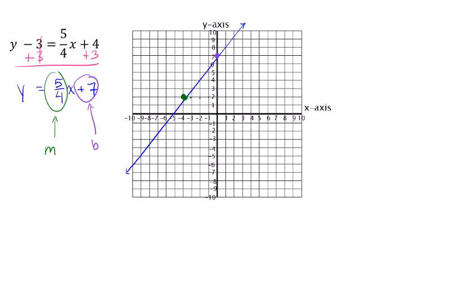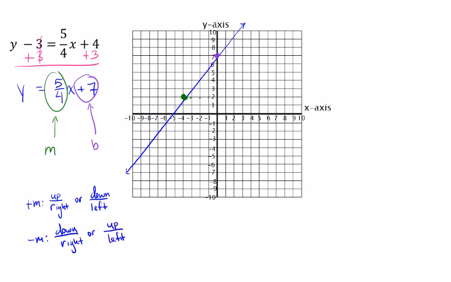All right, and so remember, just to go back to what we just mentioned, for a positive slope, you can go up and right, or you can go down and left. Okay, and for a negative slope, you can go down and right, or up and left.